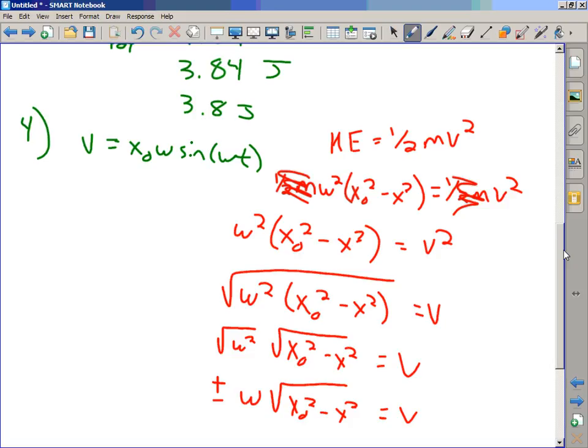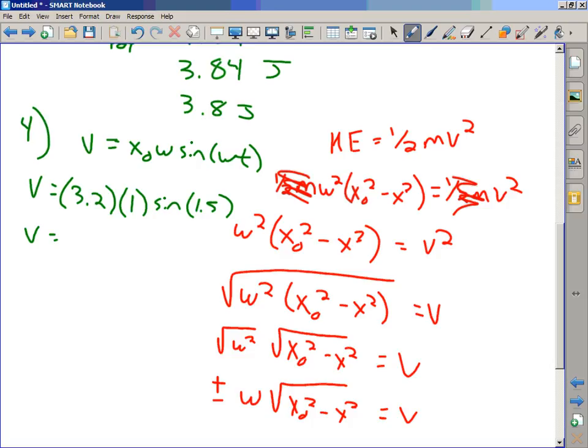So this becomes v equals amplitude 3.2 times omega, which is 1, times sine of 1 times 1.5.